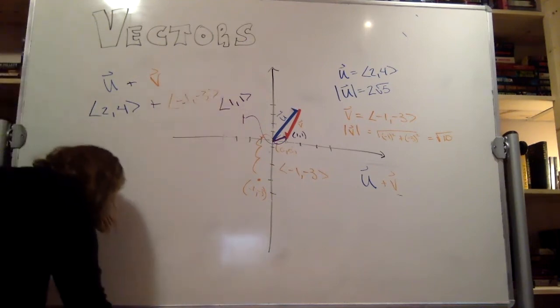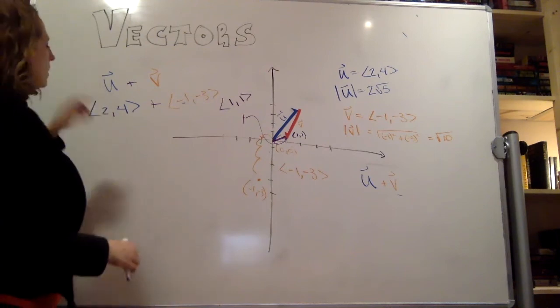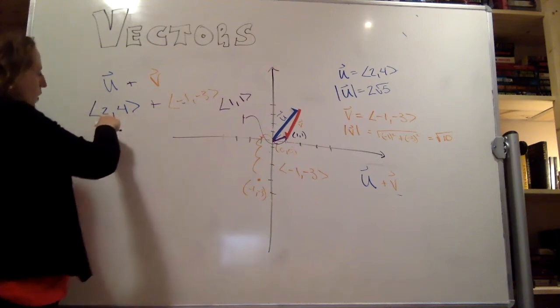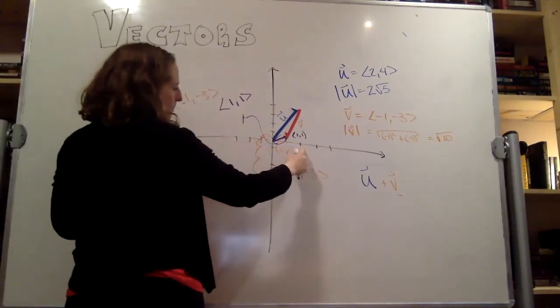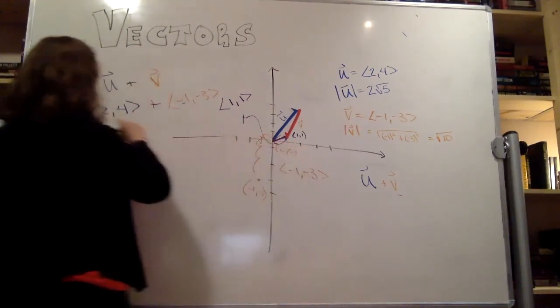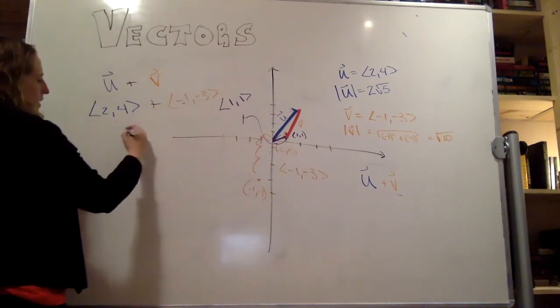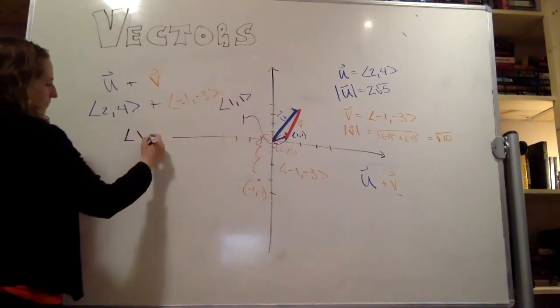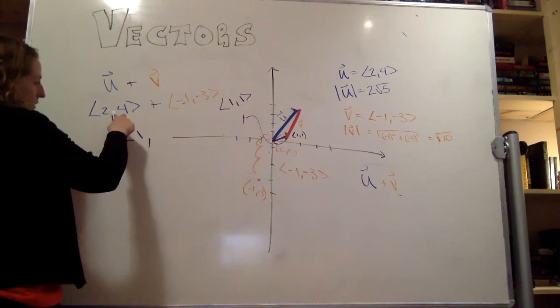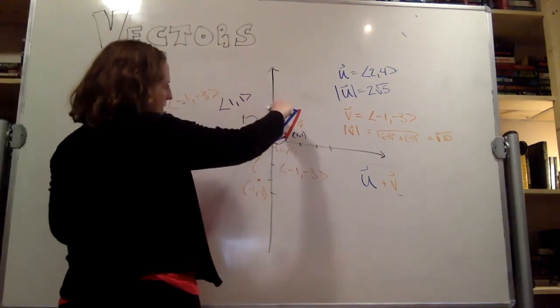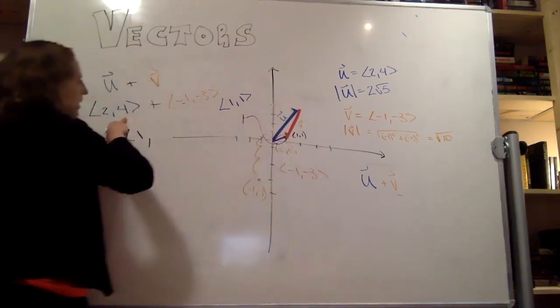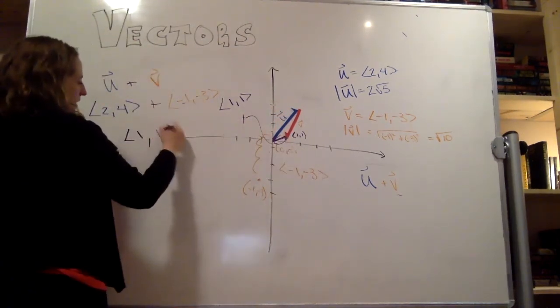But if I think about horizontal and vertical components, if I go over 2 and then back 1, right, is going to get me to 1. In other words, 2 plus -1 gives me 1. My vertical components tell me I go up 4, 1, 2, 3, 4, and then I have to come back down 3, 1, 2, 3. 4 plus -3 is 1.